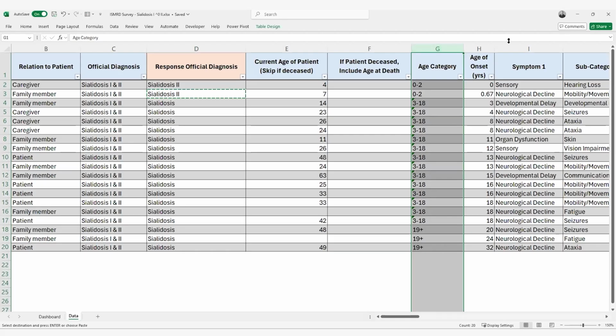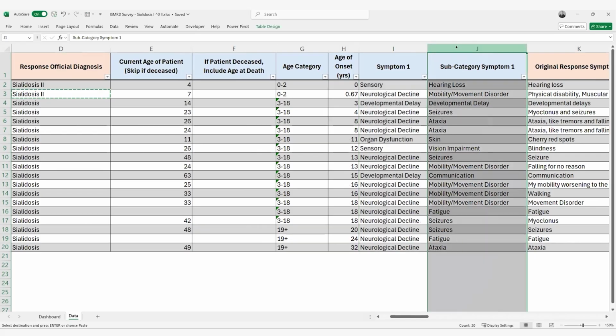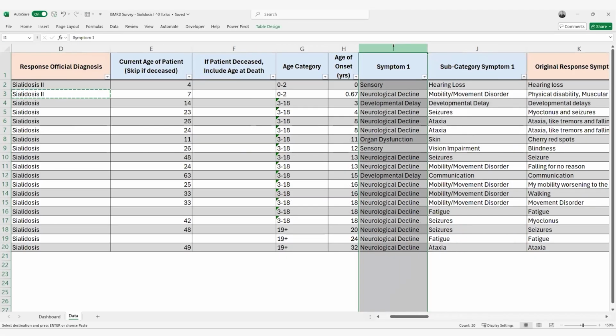This is where I found it kind of fell apart, which is where we classified developmental delay or neurological decline, because we assume that mobility and movement is associated with neurological decline. And I would argue that that is a misclassification.